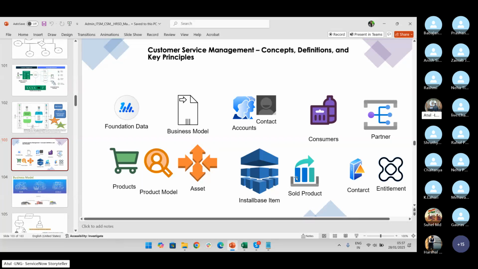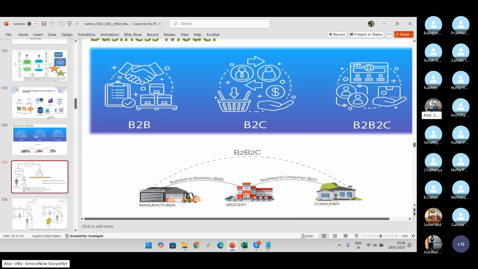When that asset is not working, you go and log a case. You put your refrigerator model number, or something else given to you, and on that basis the case is raised. In CSM it is very complicated to understand these fundamentals. The concept is the same, a CI or asset will be there, but the storage, the definitions and the terms are a little different here, Anish. So let me show you here.